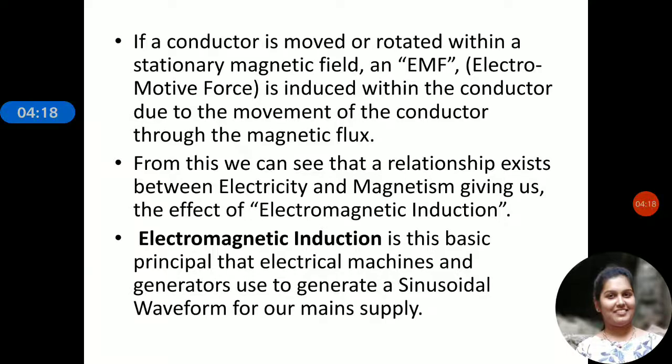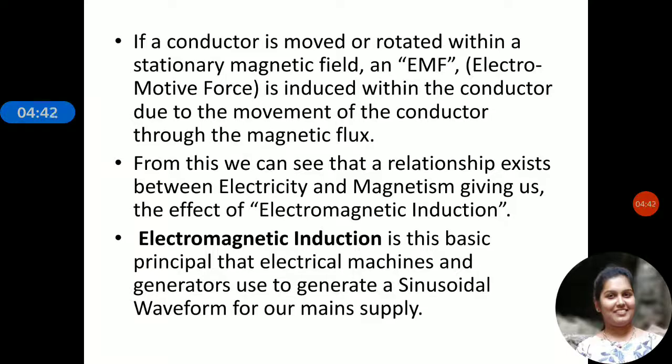That energy or force, which we call electromotive force, EMF, is induced within the conductor. That conductor is nothing but a simple wire or a bunch of wires. Due to the movement of the conductor through the magnetic field, an EMF will be induced in the conductor.